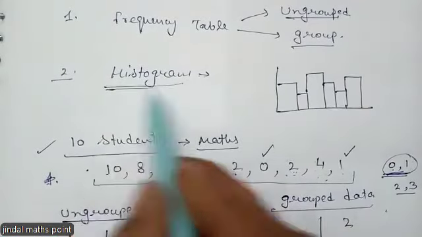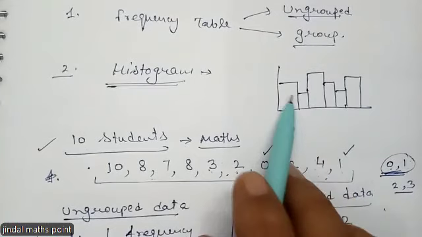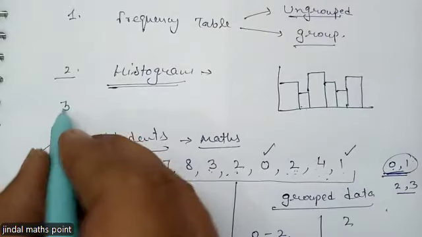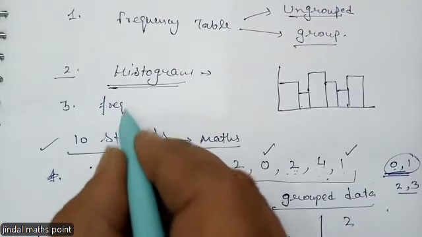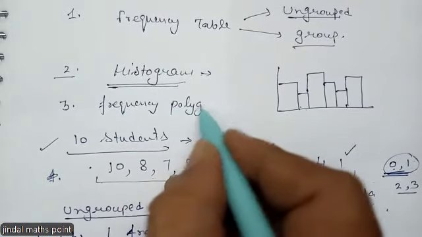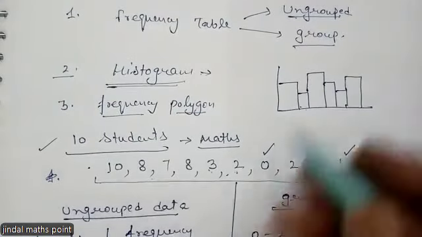Now, a histogram looks like buildings with no space between them. That is called a histogram. And the third one we can do is the frequency polygon.